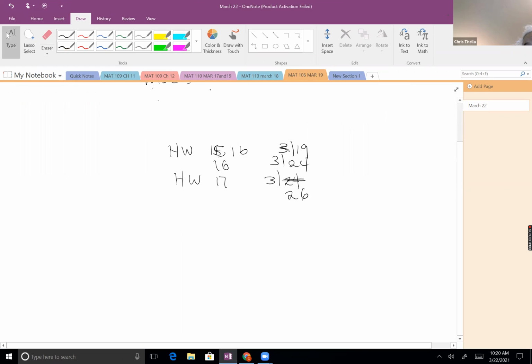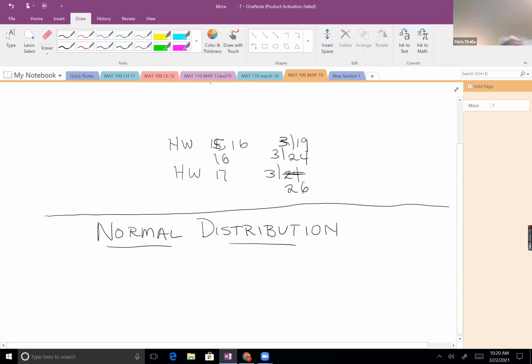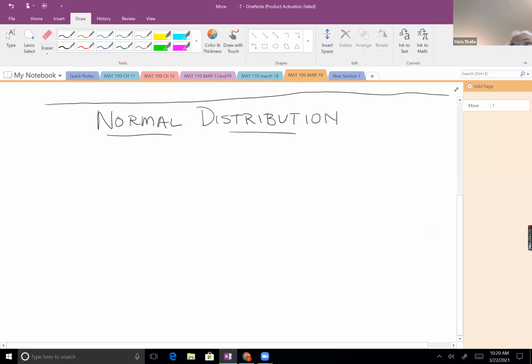Where we're going to go next makes use of the standard deviation. And we're going to look at something that's called the normal distribution. Can you believe that it's called normal?